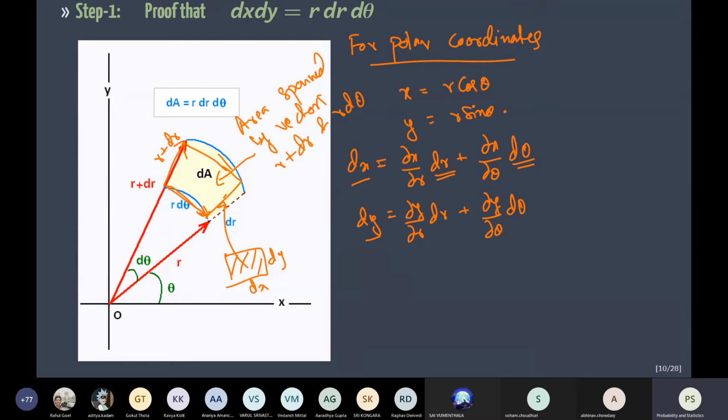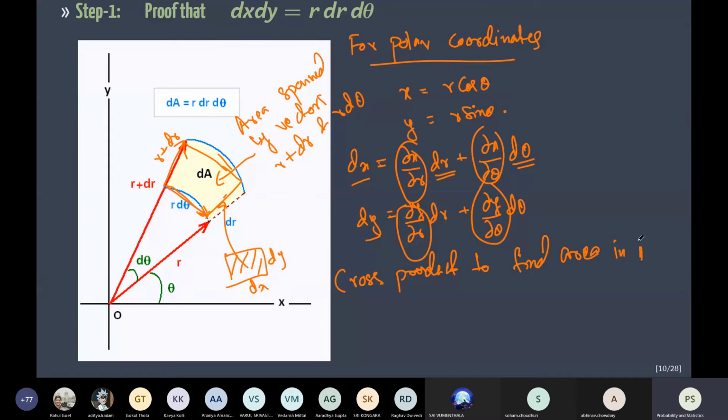So I can write dx dy in terms of some other vector coordinates. So these are the coordinates, okay? And then we have to do the cross product of this to find the area. So we have to find the cross product to find the area in polar coordinates, okay?